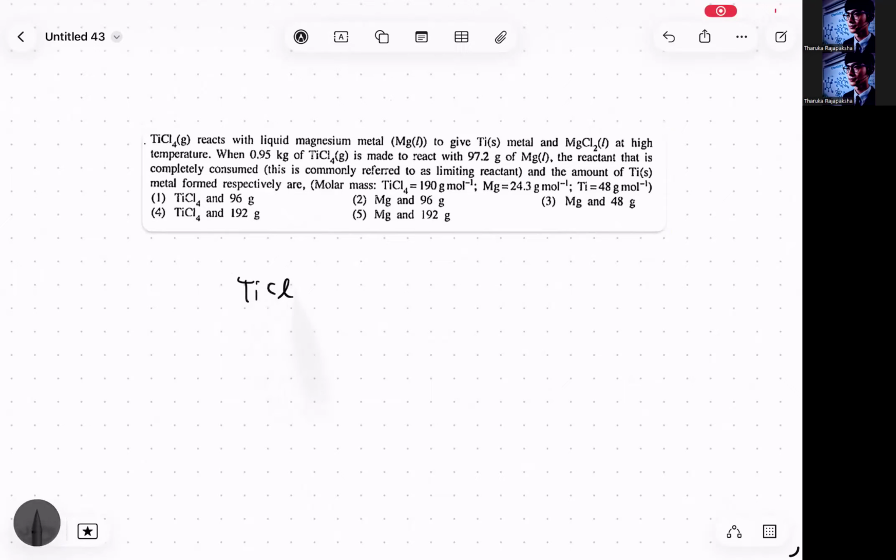So TiCl4 gas reacts with magnesium liquid in order to form titanium solid plus MgCl2 liquid, right? So 2 MgCl2 and then 2 magnesium. So this is a balanced chemical equation for the reaction.